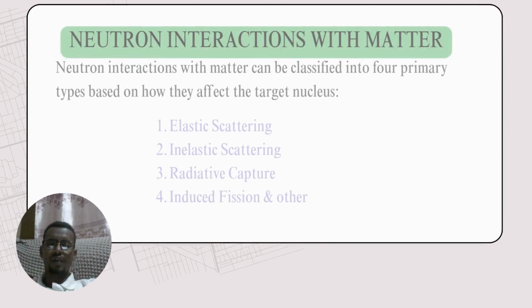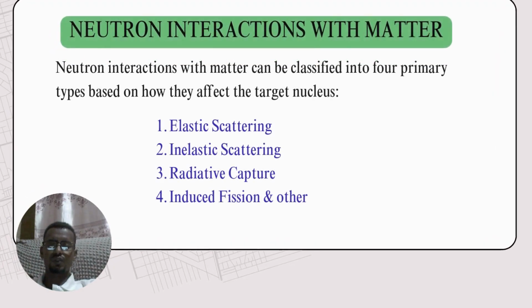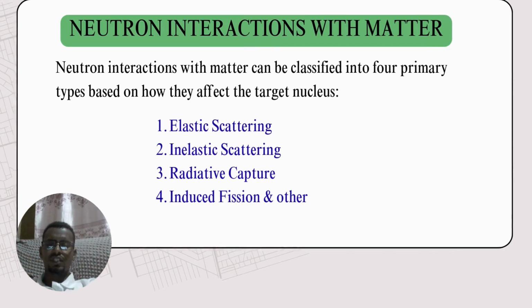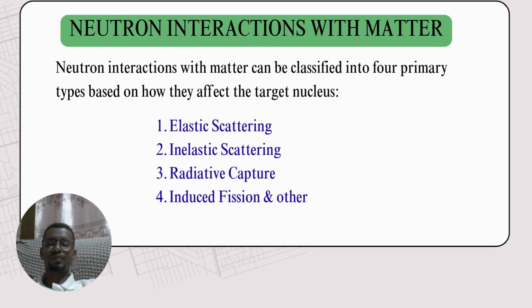So when we come to the interaction of neutrons with matter, as we know, neutrons are neutral particles, so they can travel a certain distance before interacting with matter. The interaction of neutrons with matter can be categorized into four primary types in this lecture, based on how they affect the target nucleus.